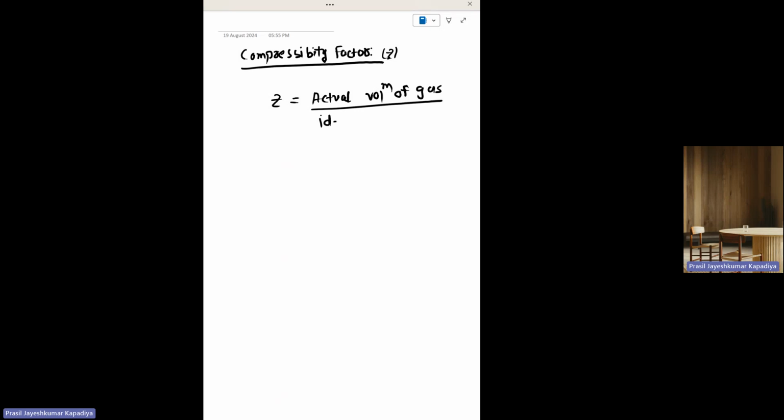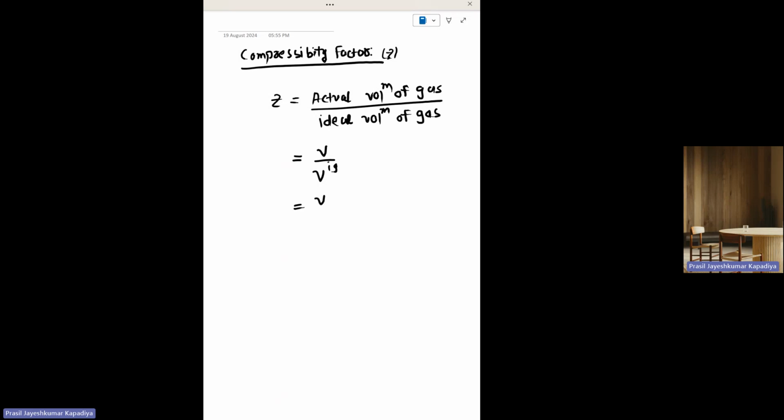So this basically shows how my gas is deviating from its ideal behavior. Let's say actual volume of gas is denoted by V, and ideal volume of the gas is denoted by V of ideal gas, so that I am using the symbol Ig.